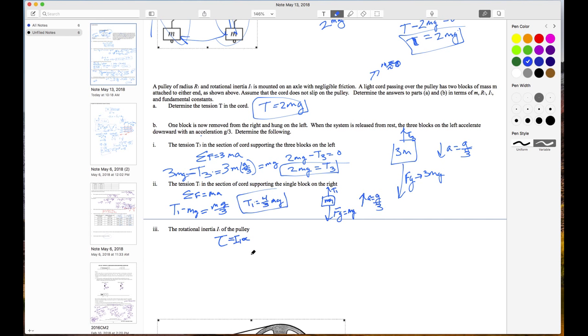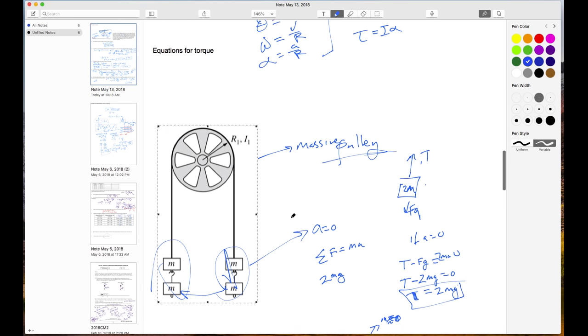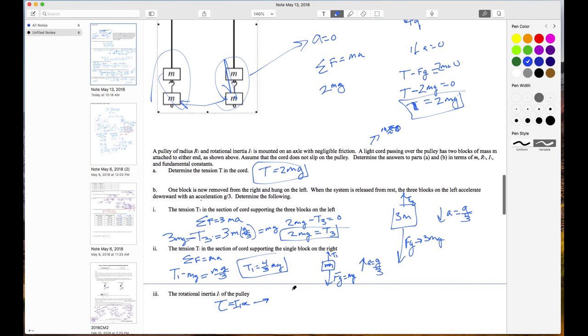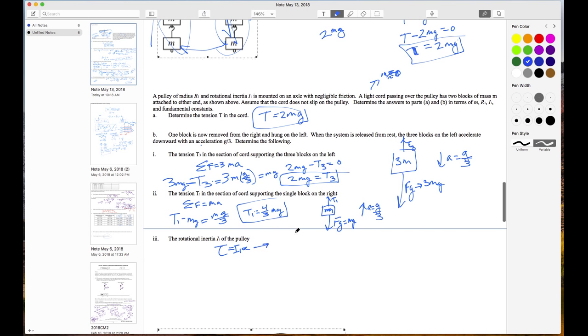At that point I know for sure that this alpha value is based on my initial equations up top, a over R, and I know a, so this is pretty convenient.